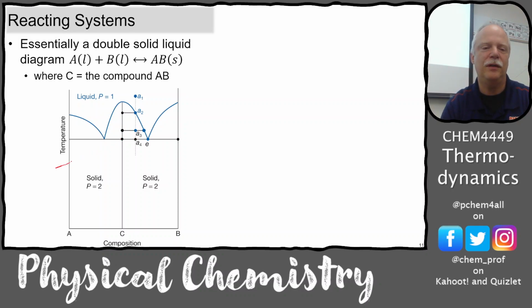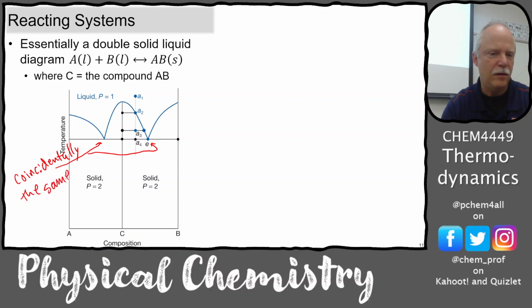So I'm going to point to these right here and say coincidence. Okay, just so that you don't expect that every time. And we'll look at another phase diagram where they're not the same.